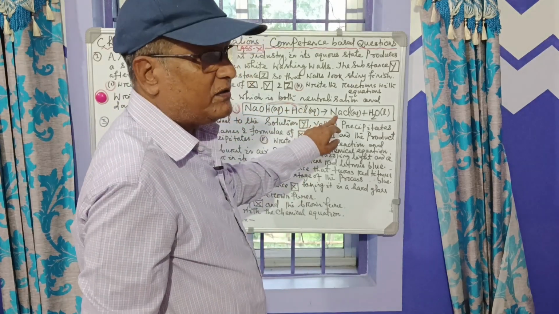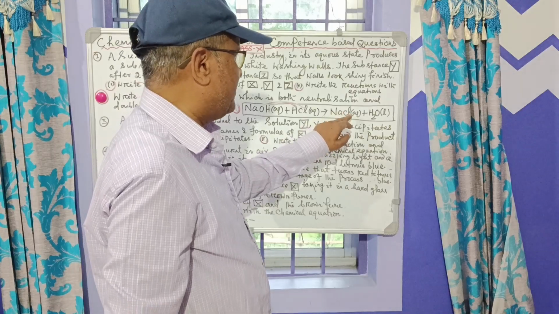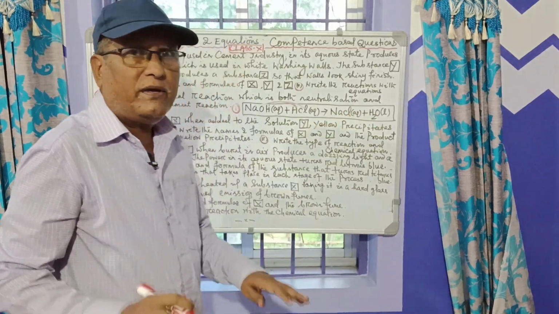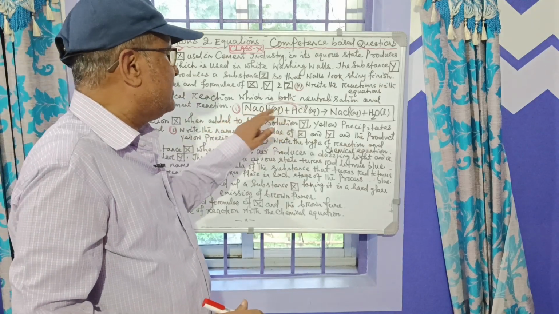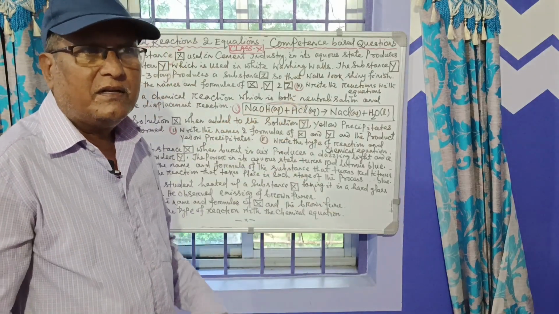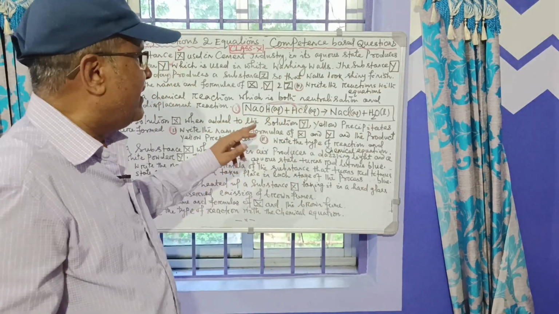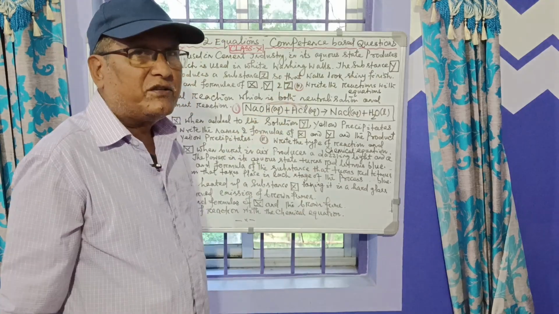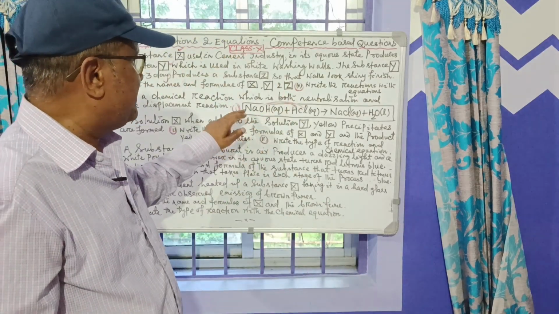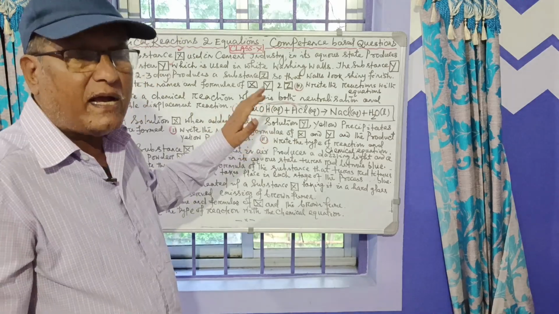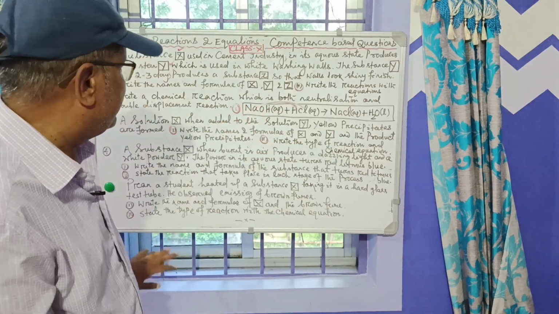As a result, the products are sodium chloride and water. So the exchange of ions takes place between the two reactants. This is an example of double displacement reaction. So each question carries 2 marks. This is a very tricky question and it was asked in your CBSE exam.